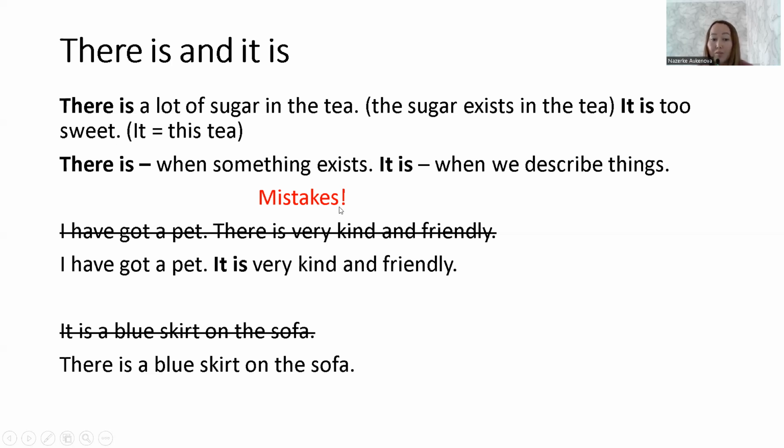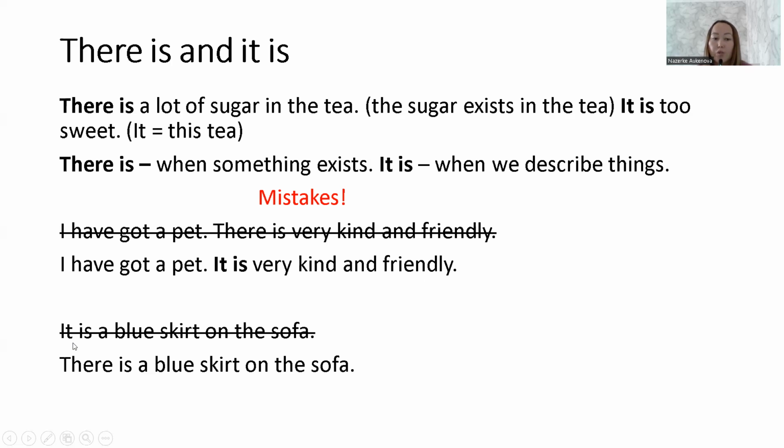There is a mistake again. You shouldn't say I have got a pet. There is very kind and friendly. It's a rude mistake again. You have to say I have got a pet. Dot, and then it is very kind and friendly, because we said that something belongs to you, and then you are describing the pet that is very kind and so on.